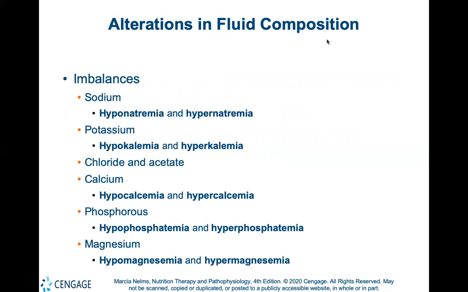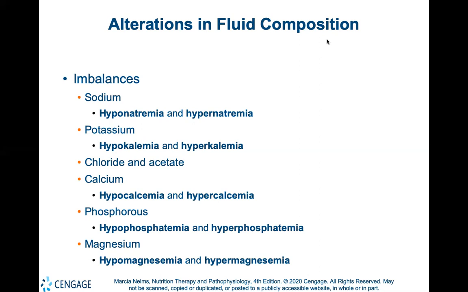Sodium imbalances. Maintaining sodium levels involves a balance between water and sodium. Homeostasis control is maintained by thirst sensation, diffusion across capillary membranes, and the fluid shift across membranes that allow for adjustment in sodium balance.